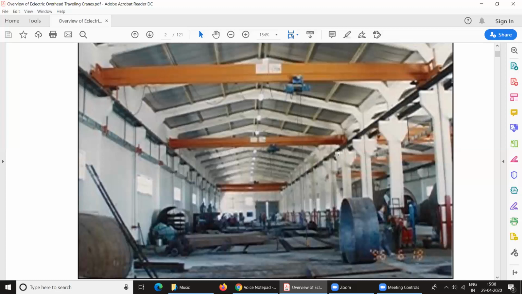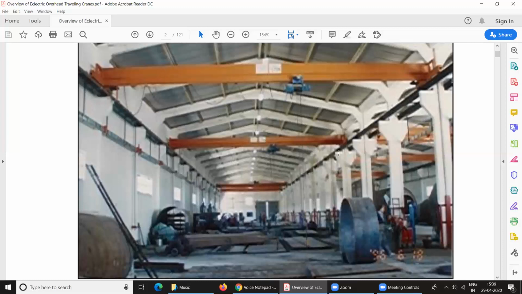Number three, the entire crane superstructure is mounted on a turntable, which rotates about and is secured to its non-revolving part.